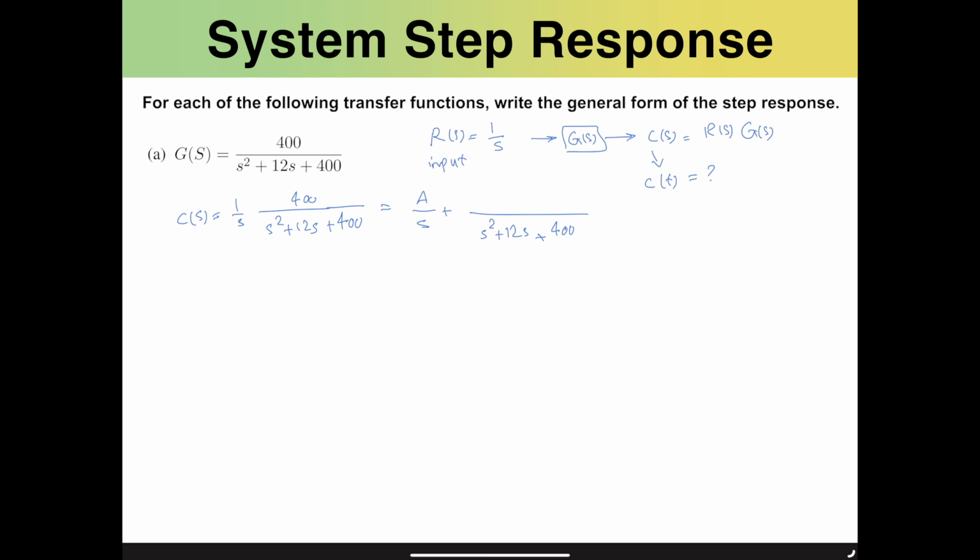However, since this is second order, the numerator should now be first order. So I would call it Bs plus C in the most generic form. And we are trying to find what A, B, and C are. Because in doing so, we can then convert A over s back into time, and also this fraction back into time, using the table of inverse Laplace transform much more easily.